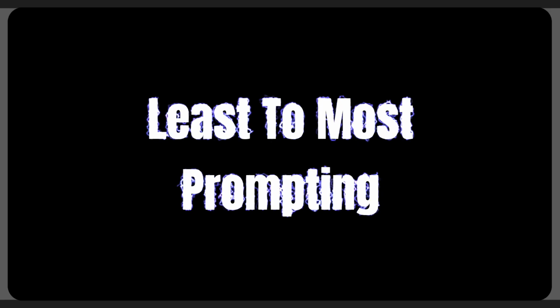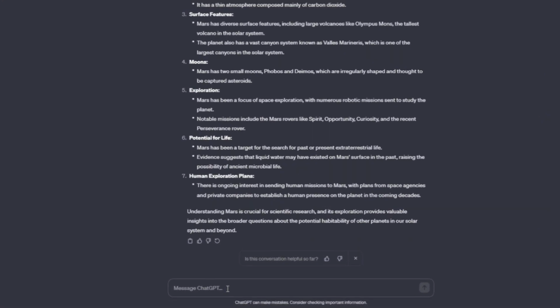Least to most prompting breaks down a larger problem into sub-problems, solving each sequentially. Least to most prompting can be used if specific subproblem information is deemed relevant for a reference later on. Using ChatGPT, let's go ahead and input our question. Let's just say, how do I lose weight?